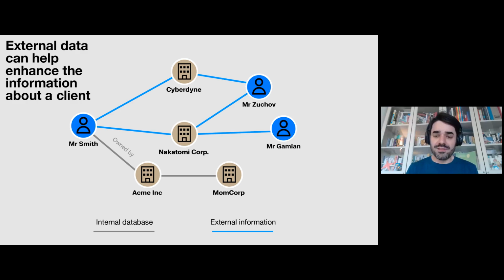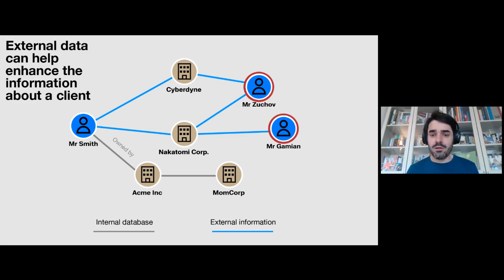And both of these companies are associated with Mr. Zukov and Mr. Gamian. So I started off with this entity and this other entity, all based on my internal database. But when I'm bringing into the equation external information, I'm able to spot new information.